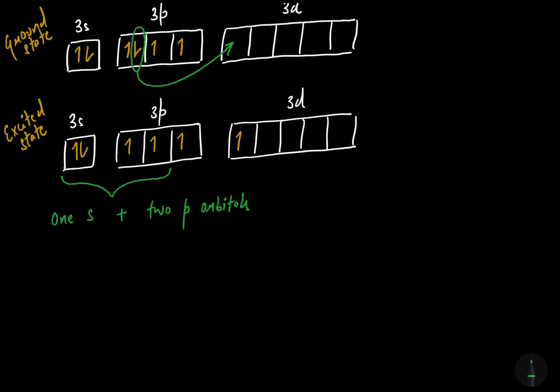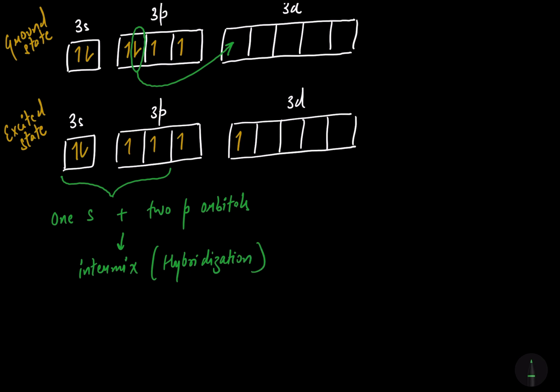Why have we taken 2 p orbitals? Because in the 2 p orbitals we have one electron each, which will form the 2 sigma bonds, and in the Lewis structure of SO2 we have 2 sigma bonds. So that means 1 s and 2 p orbitals will intermix with each other. That's the hybridization process.